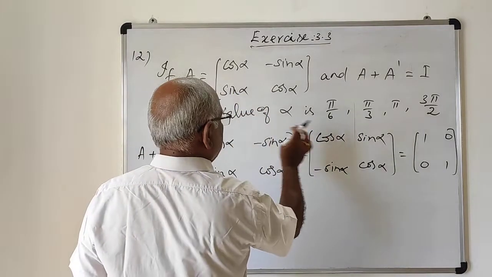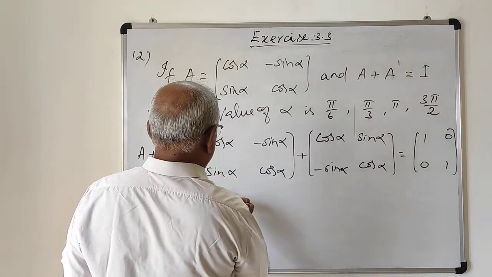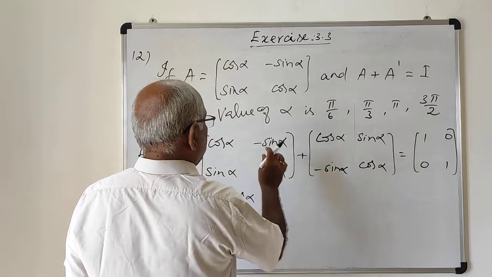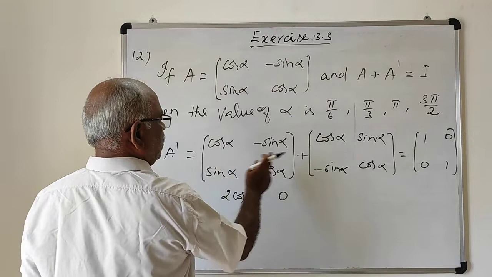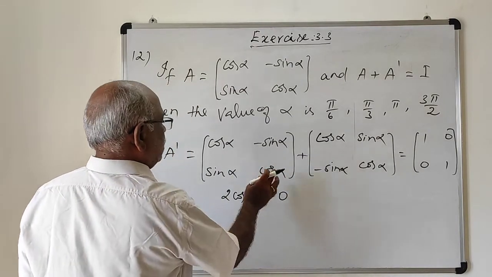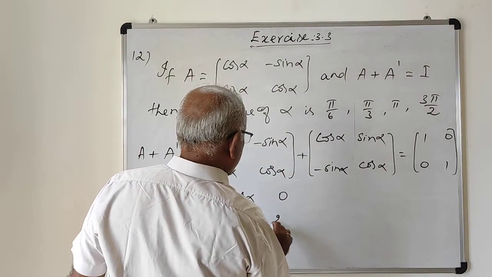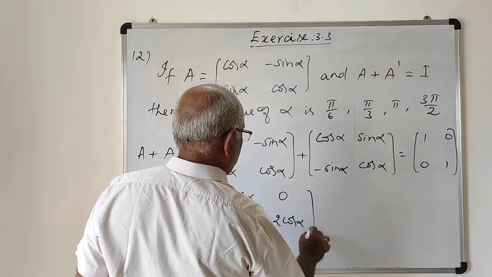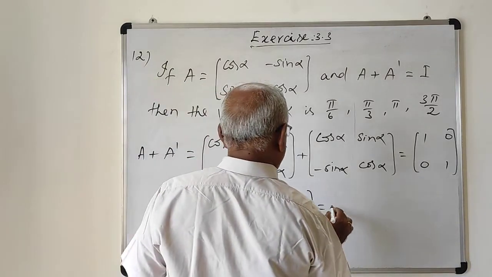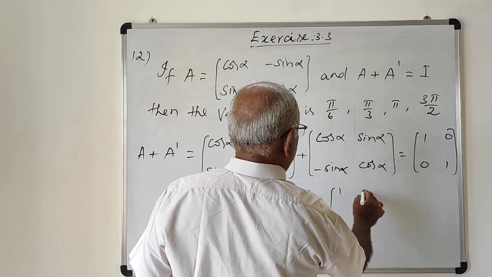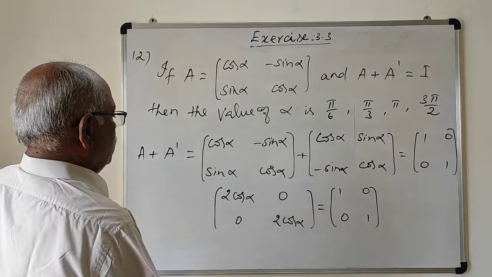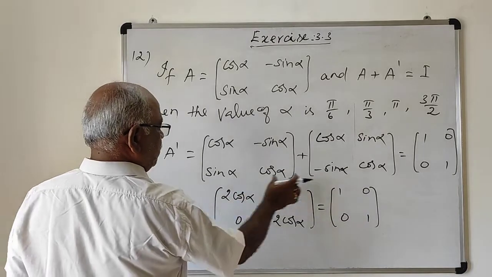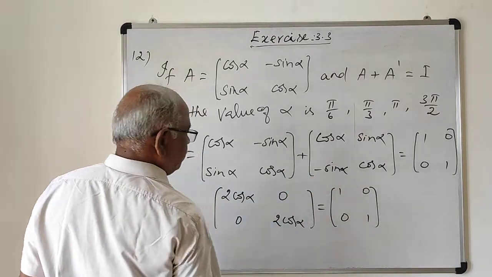Now adding these, cos alpha plus cos alpha is 2 cos alpha. Minus sin alpha plus sin alpha is 0. Sin alpha minus sin alpha is 0. Cos alpha plus cos alpha is 2 cos alpha. Which is equal to 1, 0, 0, 1. So, element wise you have to compare: 2 cos alpha equal to 1.